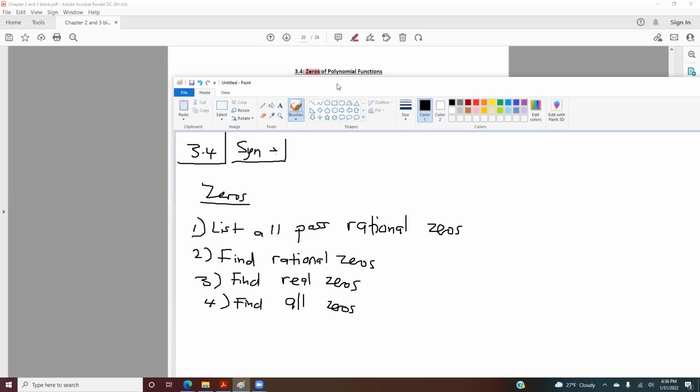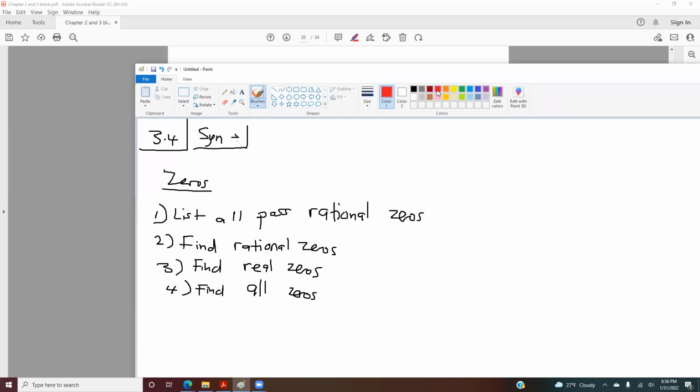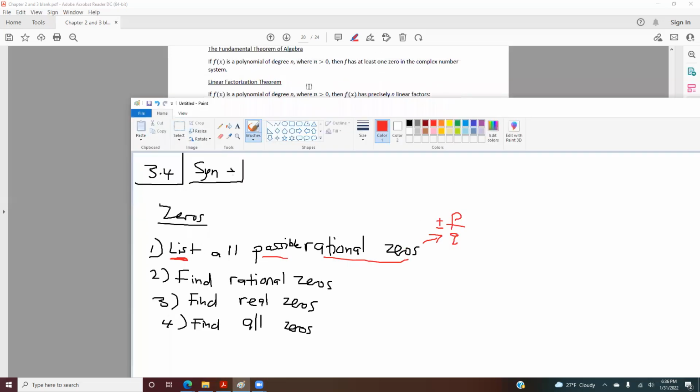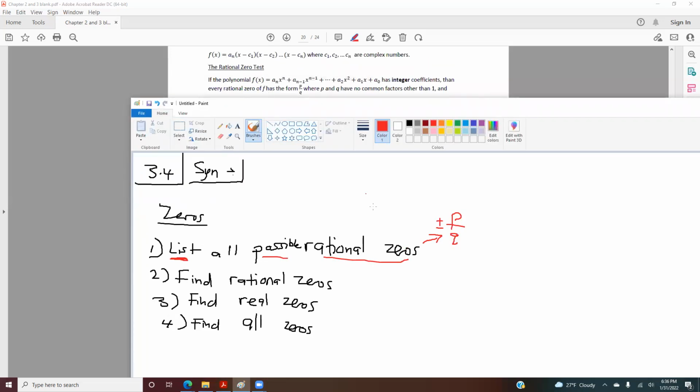If the question is asking you to list, not to find, to list all the possible rational zeros, this is where you will use p over q, plus minus. We have a theorem we call the rational zero test.